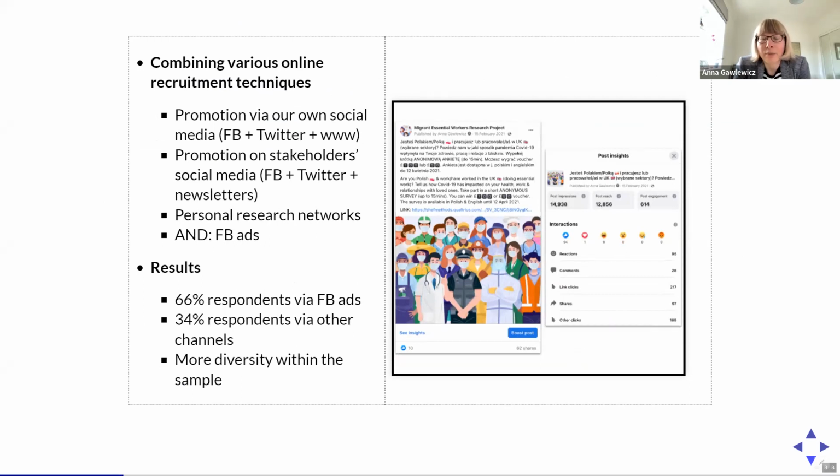Simultaneously, we asked a number of stakeholders, the project partners, as well as other voluntary sector and charity organizations, to spread the word about our survey via their social media, as well as within their networks through newsletters and direct emails. Finally, we also mobilized our own research networks.